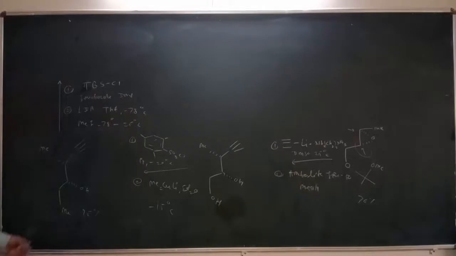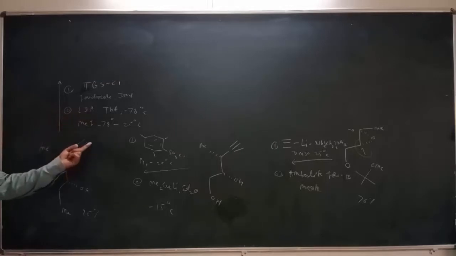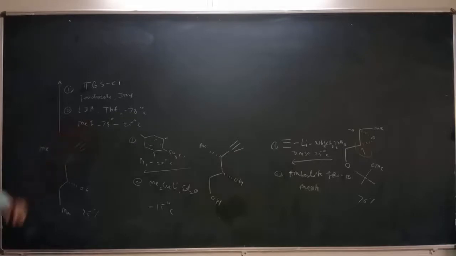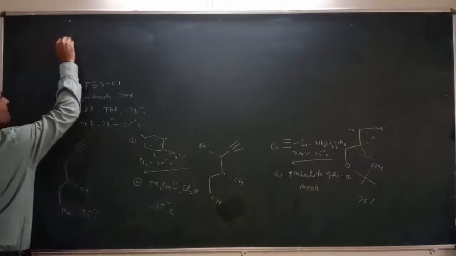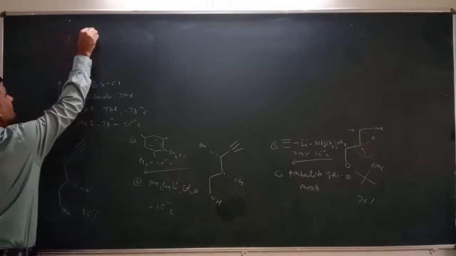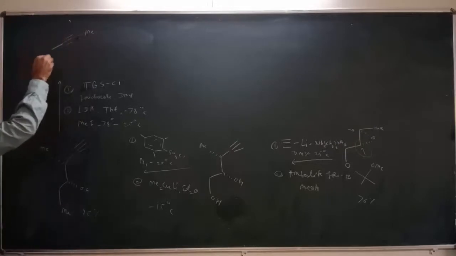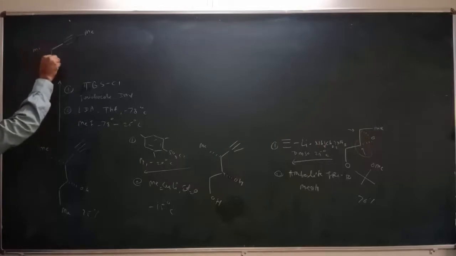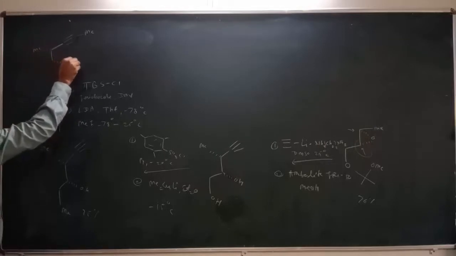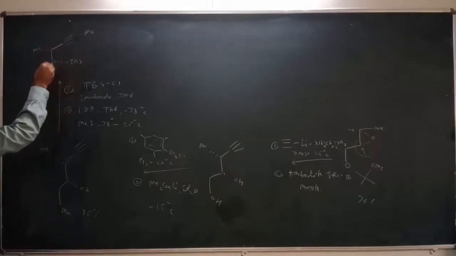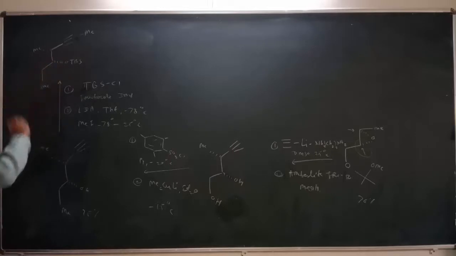So what happened? Here the alcohol group is protected, and by using this lithium diisopropylamide, we can selectively remove the proton from this acetylene carbon, and then it will be methylated at this position, and we get a compound like this, that is the terminal methylation takes place, and the remaining functionalities will be the same. That means here is methyl, then here is OTBS, and then here is a methyl substitution like this. So we can get this compound.